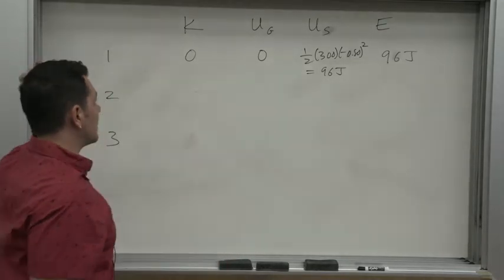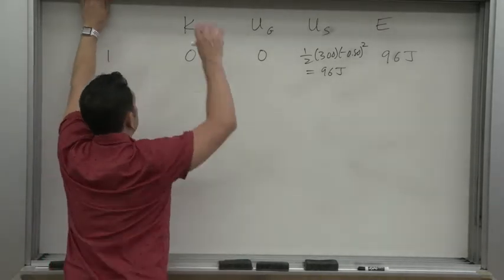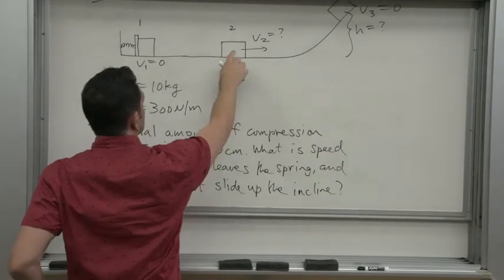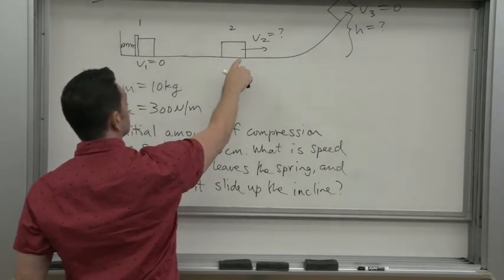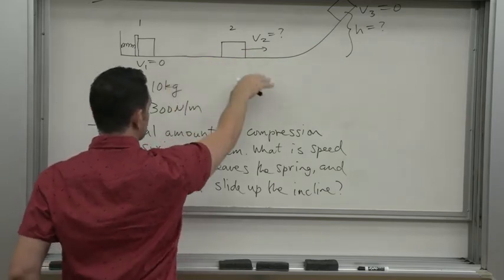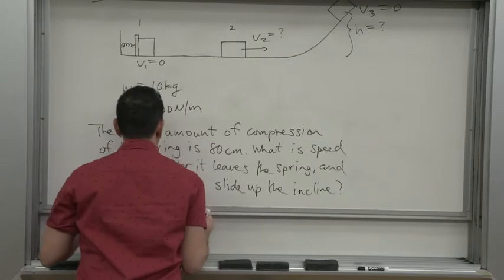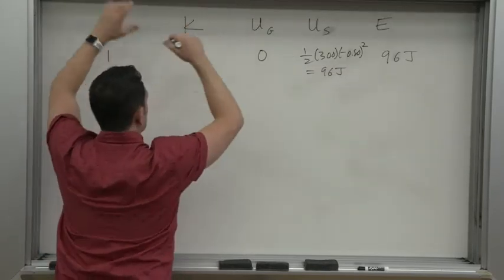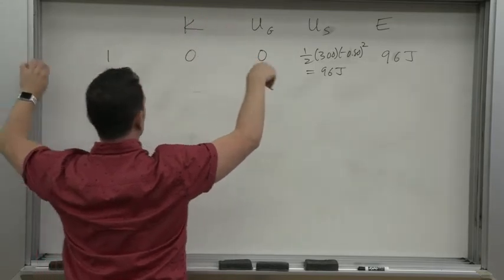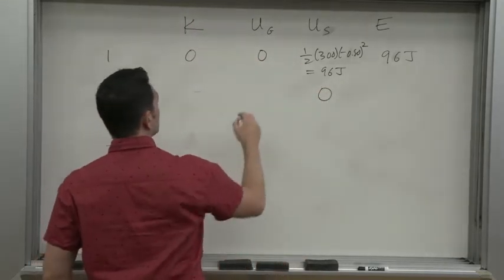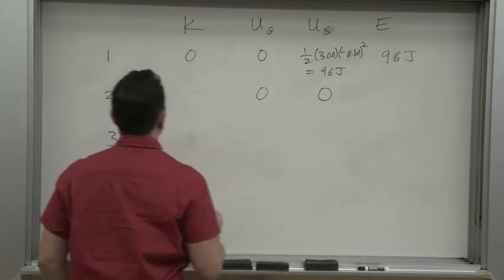Now, what if we look at the second position? At this point, the mass is moving to the right. It has left the spring, so the spring at this point is not stretched or compressed, so there's going to be no spring potential energy, no gravitational either.